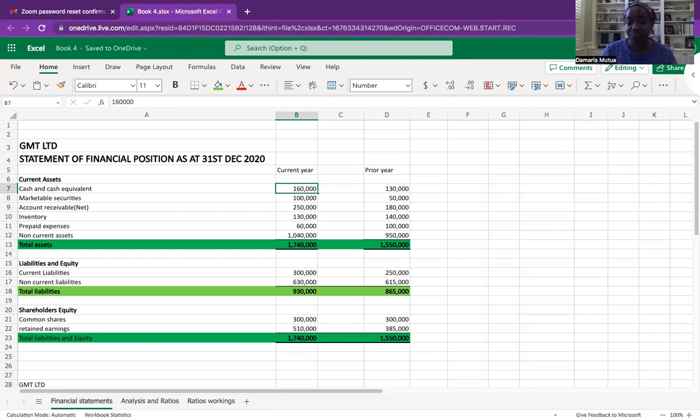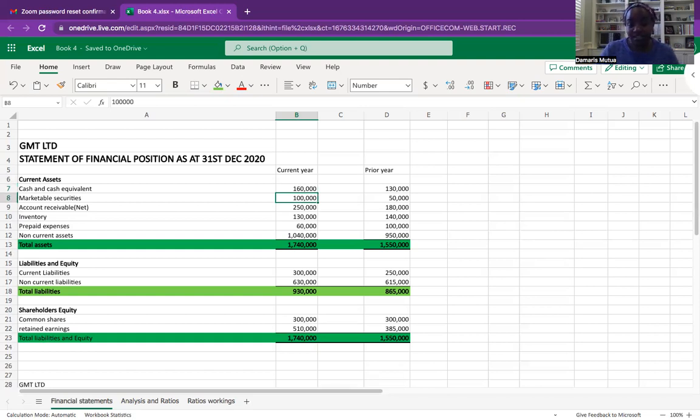Do we have enough money to pay our creditors? Do we have enough money to pay salaries? Do we have enough money to pay dividends? That is the first thing that the CFO will look at when we talk about cash and cash equivalents. Are we liquid enough to pay our obligations as they fall due? If not, where do we get additional money from?